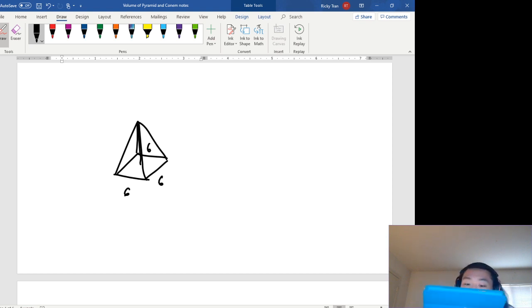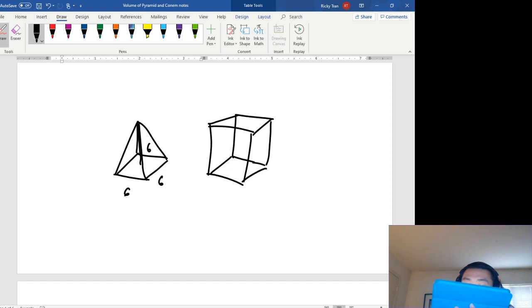All right. And I take a cube with the same dimensions, 6, 6, 6. If you were to fill up the volume right here, it would actually take 3 fills for it to fill up this entire cube right here.